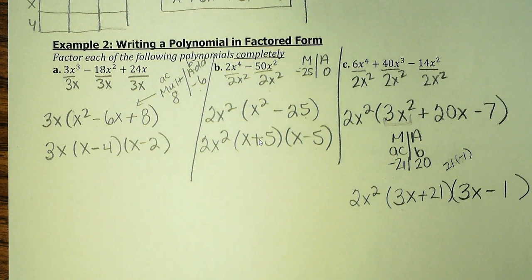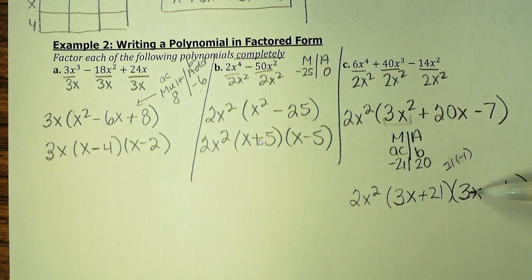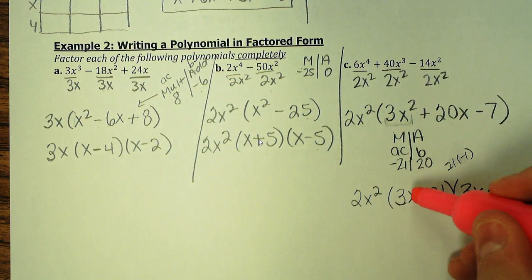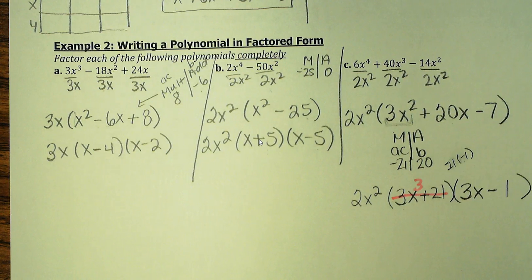Now, remember, this is not the factored form, because if I multiplied this back out, 3x times 3x does not give me back 3x squared. What you're looking for here is within your factor, inside your parentheses, do the numbers have anything in common? And if they do, that's not the real factor. So 3 and 21 are both divisible by 3, so that's not the real factor.